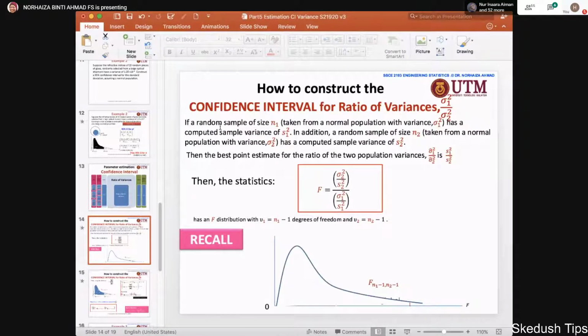Similar to the previous confidence interval for population variance, you have two populations. For each population, you take a sample, and from that sample you can calculate its sample variance. Therefore, the best estimate for the ratio of population variances, sigma 1 squared over sigma 2 squared, is S1 squared over S2 squared.